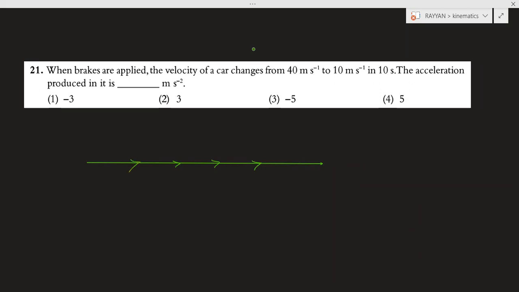Okay, so this is your car. It started from this point and is moving like this on this track. Suppose here you have applied the brake and here the speed was 40 meter per second.